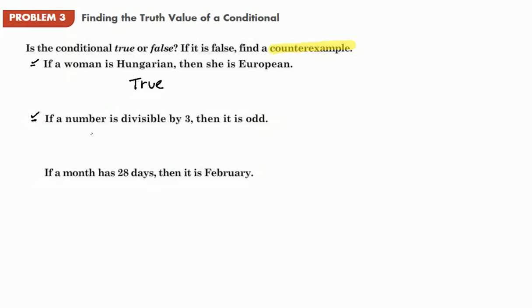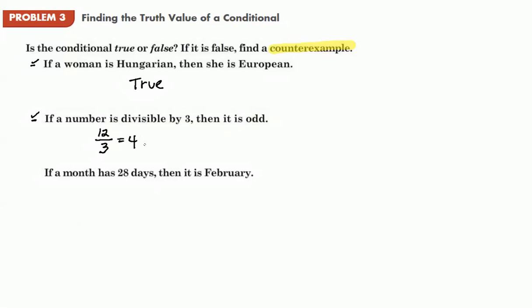If a number is divisible by 3, then it is odd. Can I think of an example to make it false? There is. A simple one is just the number 12. If I divide 12 by 3, I end up with 4.